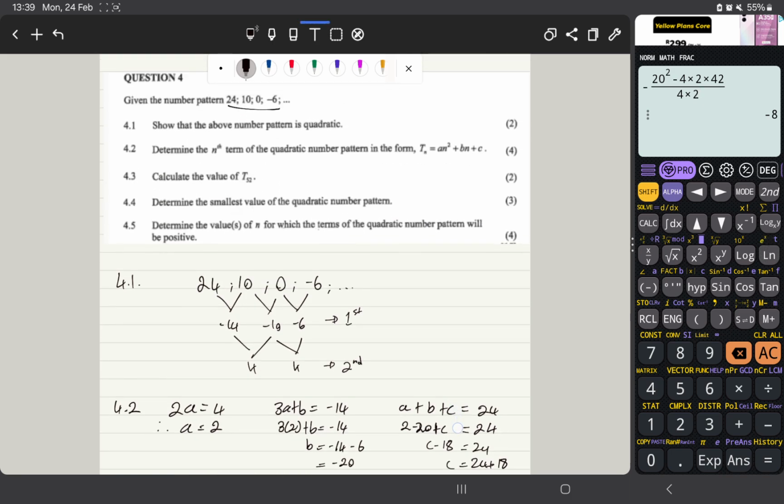Let's see. Determine the value or values of n for which the terms of a quadratic pattern will be positive.